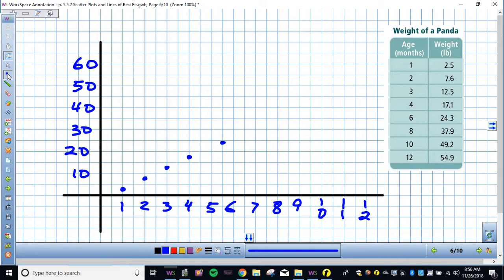They start skipping numbers after 4, so just pay attention to that. 8 is 37.9. 10, 49.2. 12.